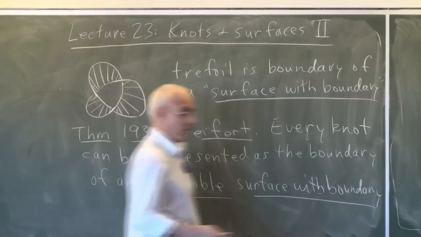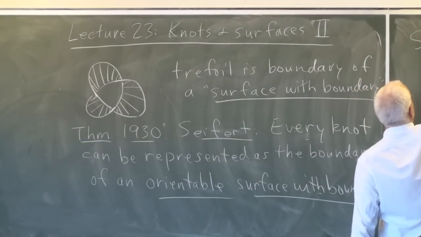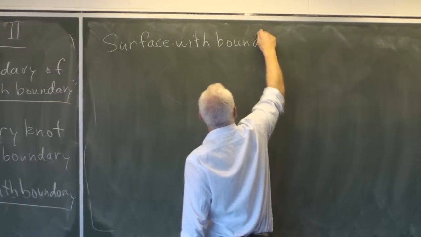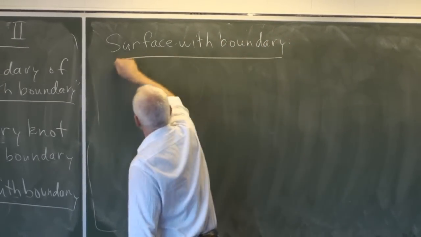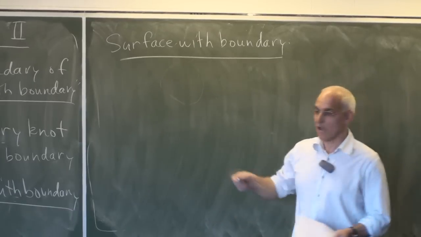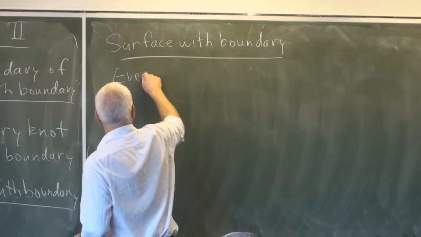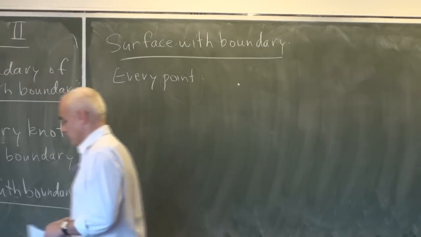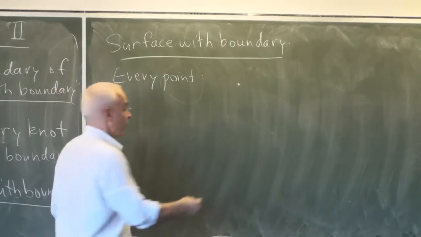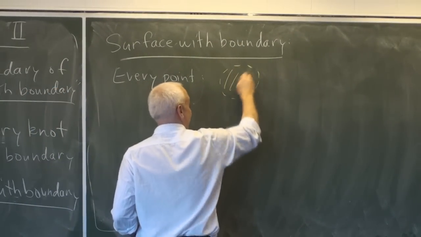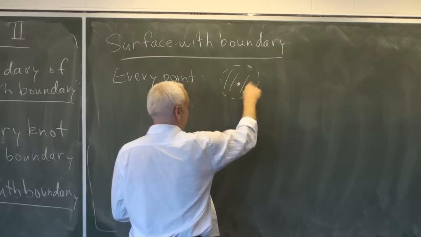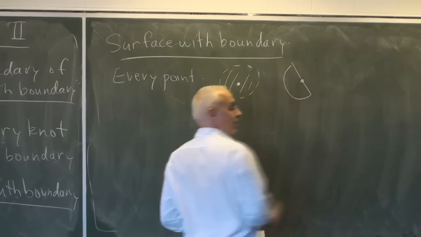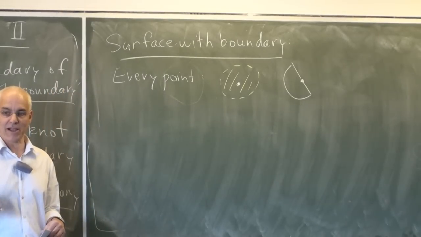So I should tell you what a surface with boundary is. Well, it means a space in which every point has either a disk neighborhood, like the ones we've already been talking about, or a neighborhood that's a half disk with the point lying on the boundary.